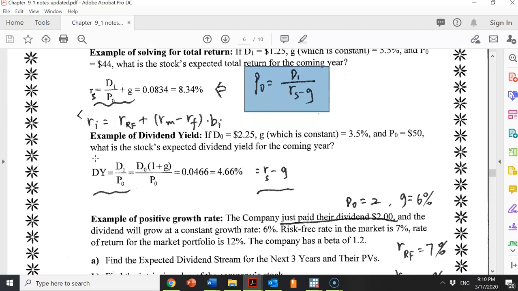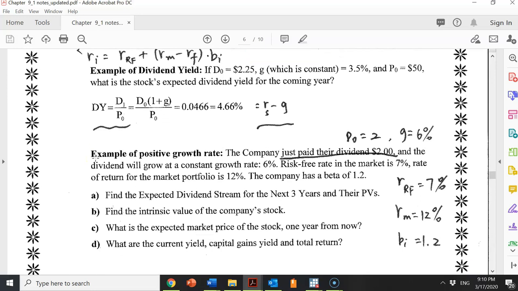Another example. What if we know D0 as 2.25, G as 3.5%, P0 as 50? What is the dividend yield? We know this is a constant growth model setting, so dividend yield, D1 over P0, is actually RS minus G. It is also D0 multiplied by 1 plus G over P0.